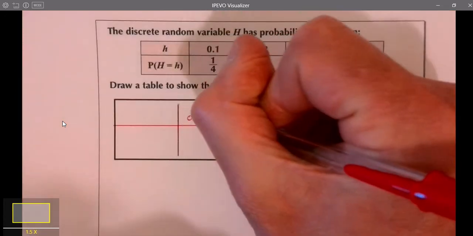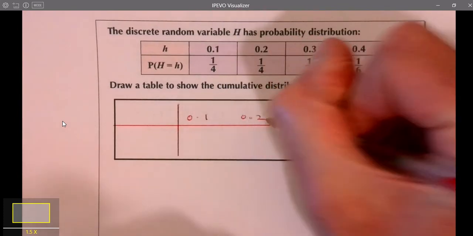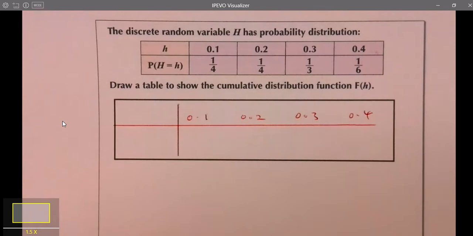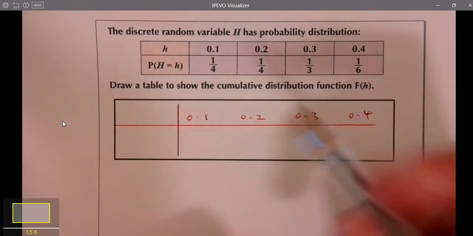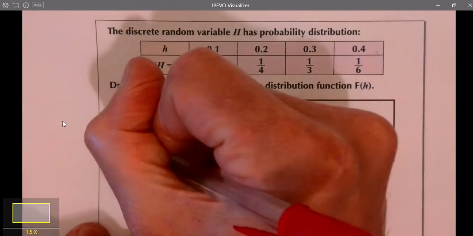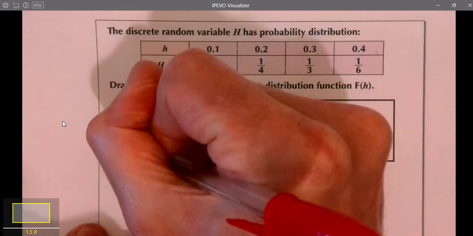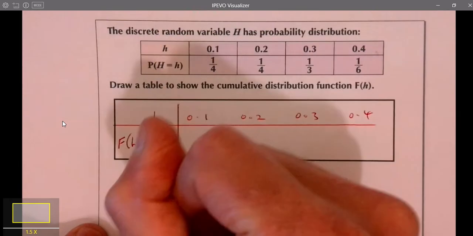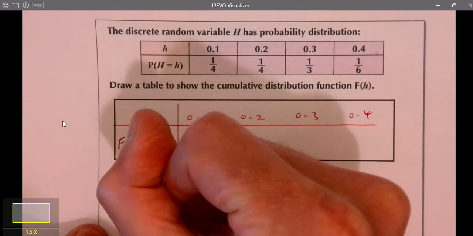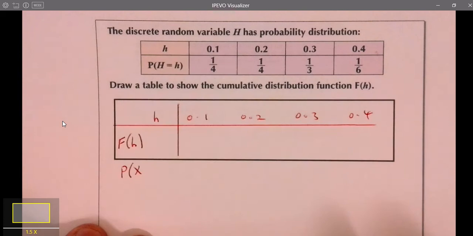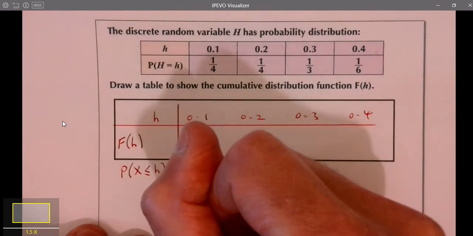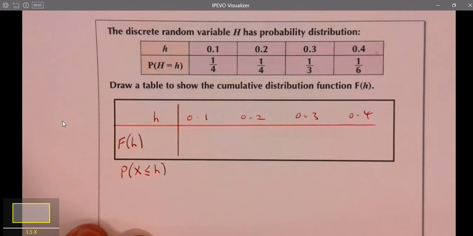We got 0.1, 0.2, 0.3, 0.4. To be honest, those are not particularly important within this question. Now, we want the cumulative function, so that basically means the probability that x is less than or equal to the particular value that we're considering.